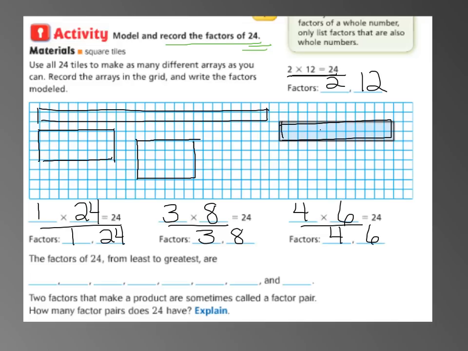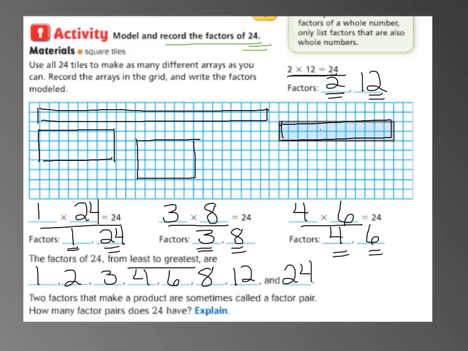Now, if we want to list them from least to greatest, then we just look up here. We've got a 1, we have a 2, we have 3, 4, 6, 8, 12, and 24. Now, two factors that make a product are sometimes called a factor pair. So how many factor pairs does 24 have? Well, let's look at them.